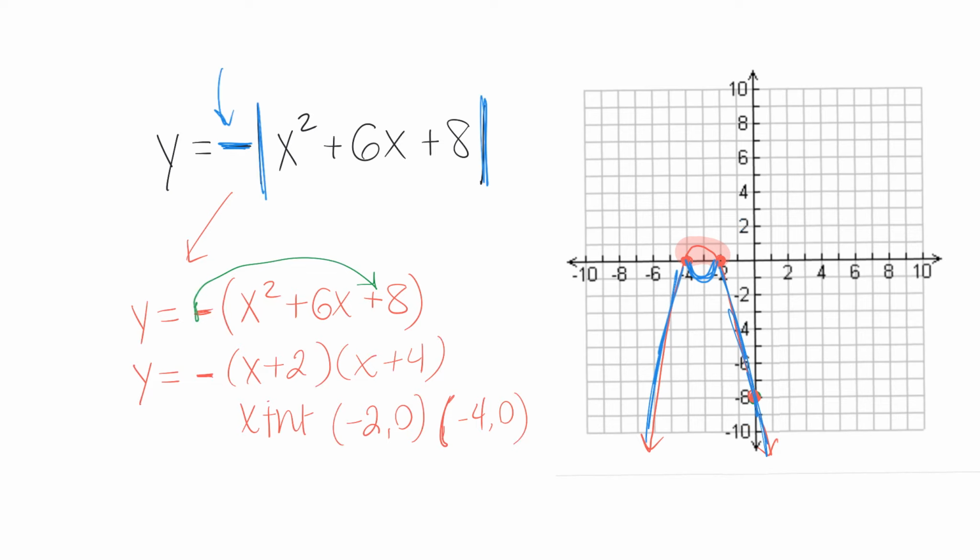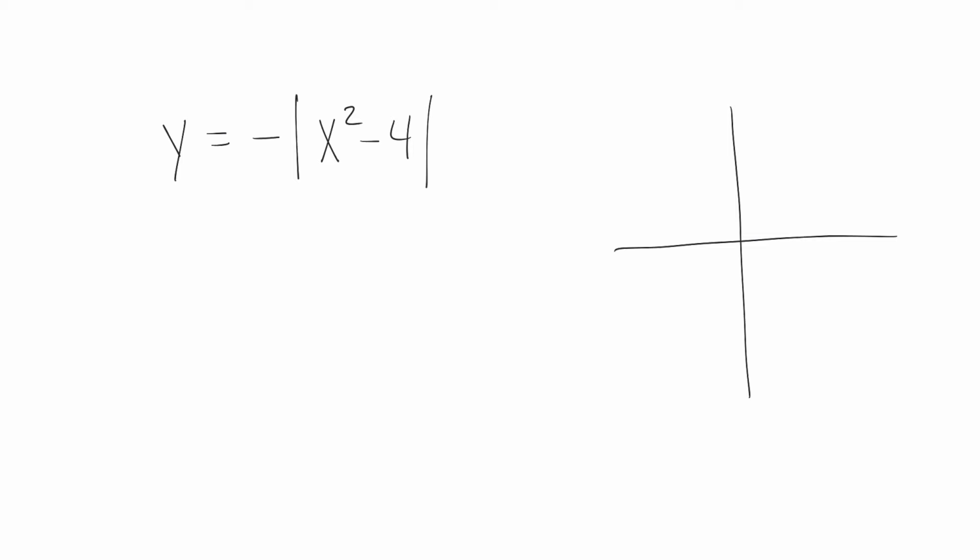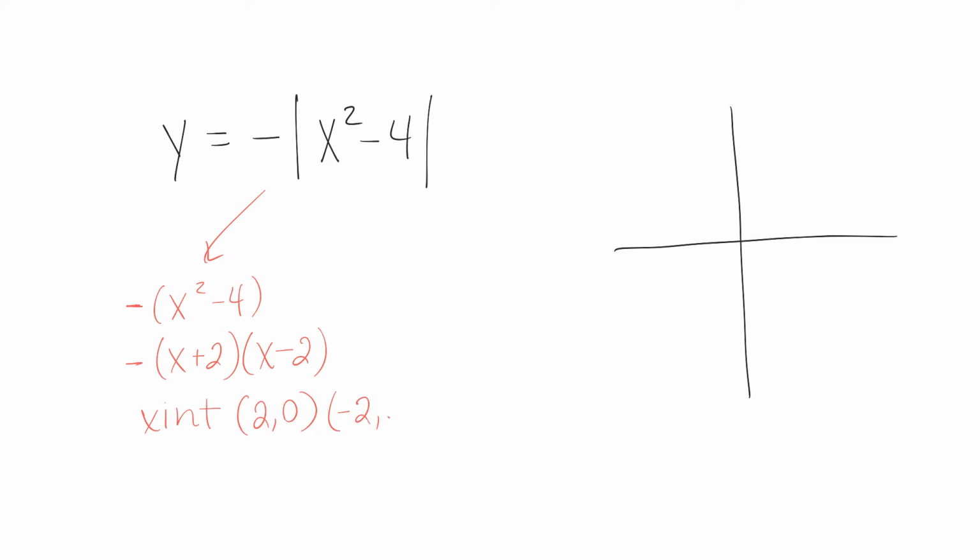Let's do one more negative. What if we have the negative absolute value of x squared minus 4? All right, this time, if I ignore the absolute value, I would have negative x squared minus 4, which is negative times x plus 2 times x minus 2. So where are my x-intercepts? My x-intercepts are at 2 and negative 2.